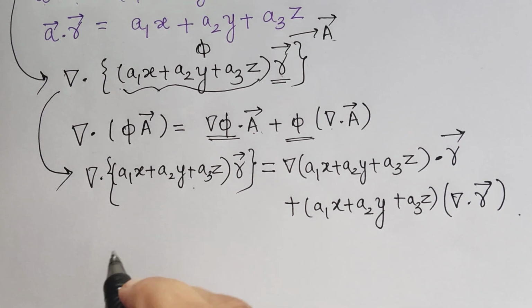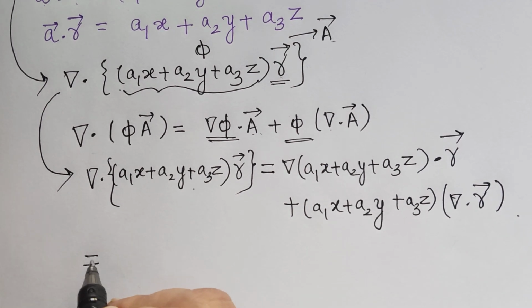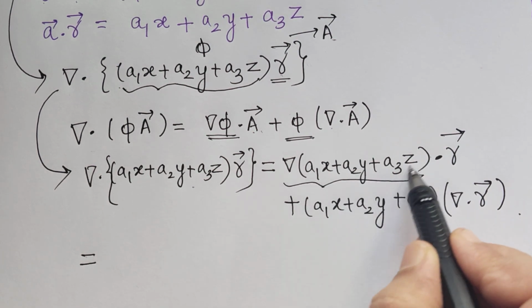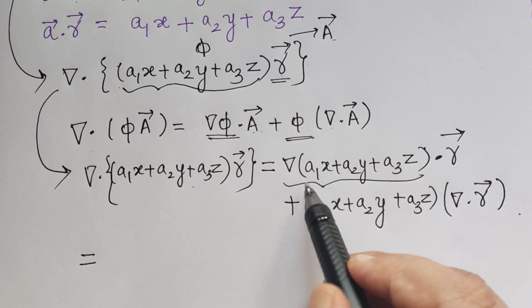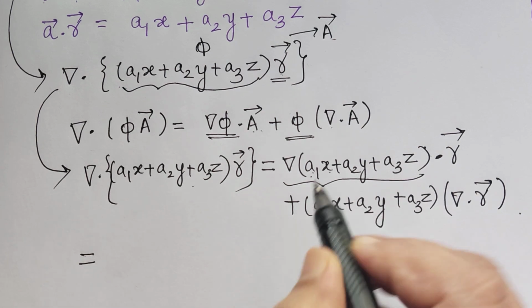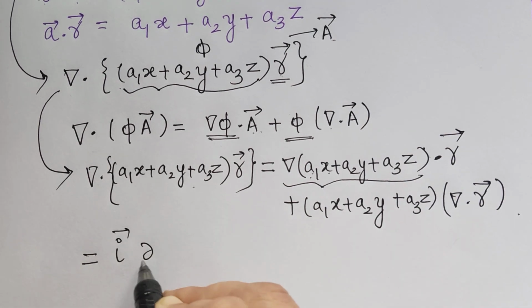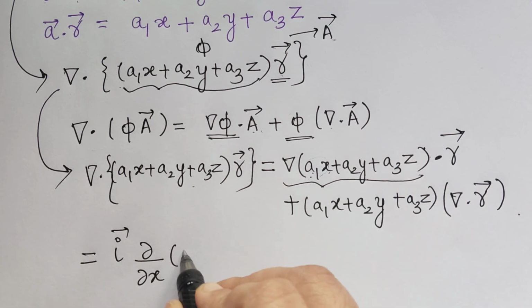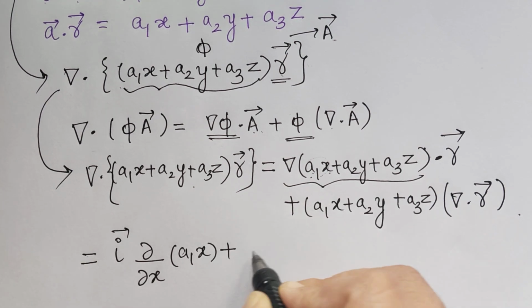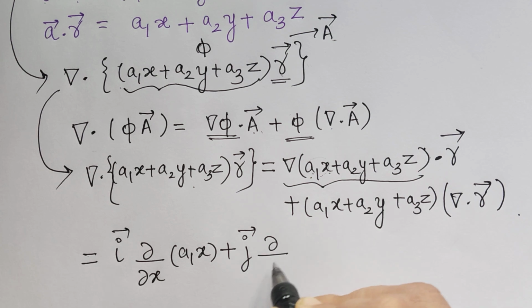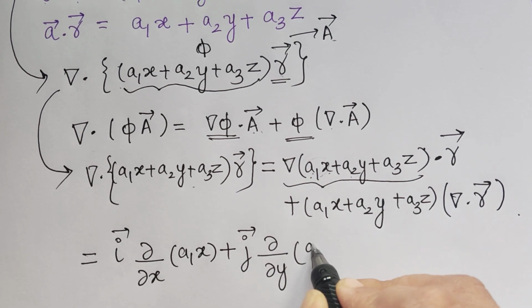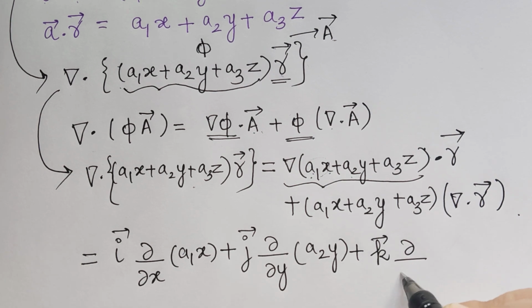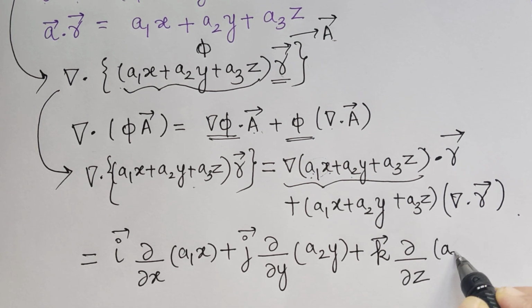Further, this will be equal to, so now we know that gradient of the scalar point function is given by i vector multiplied with dou by dou x of the first component, that is A1x, plus j vector multiplied with dou by dou y of A2y, plus k vector multiplied with dou by dou z of A3z.